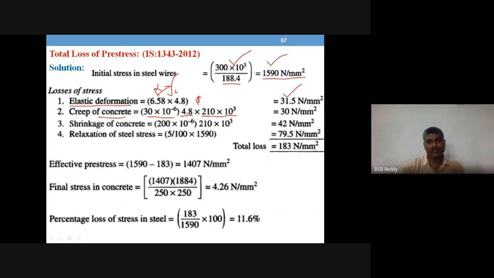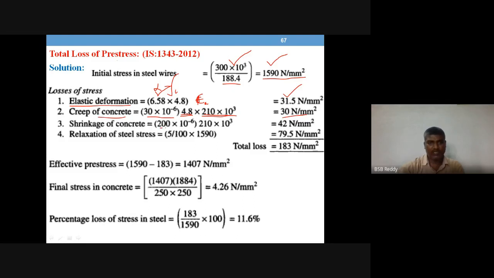So in the other method, creep strain epsilon c, whatever notation you use, so that you can follow, creep strain is multiplied by the stress value in concrete and the Young's modulus of steel. So that is coming to 30.